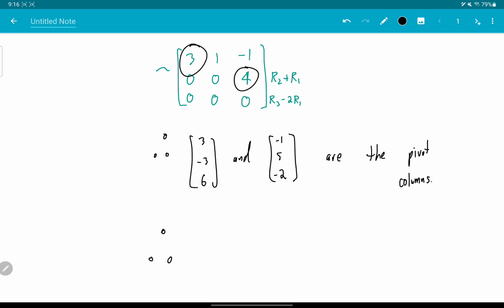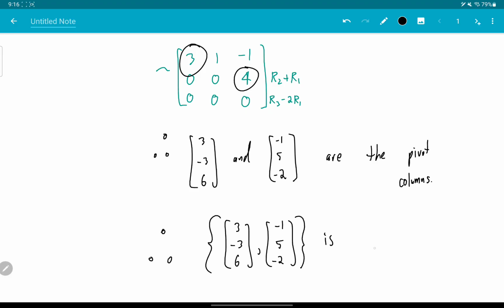So therefore, this set of two vectors is a basis of call A.